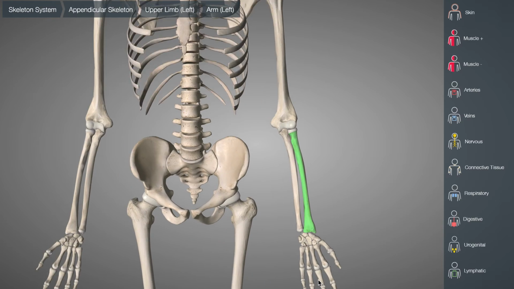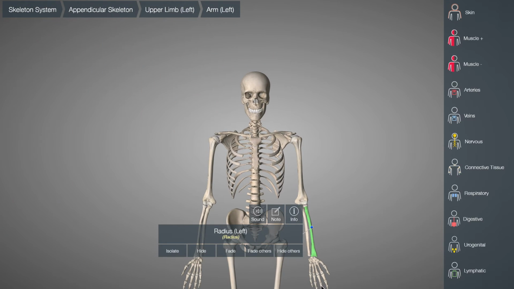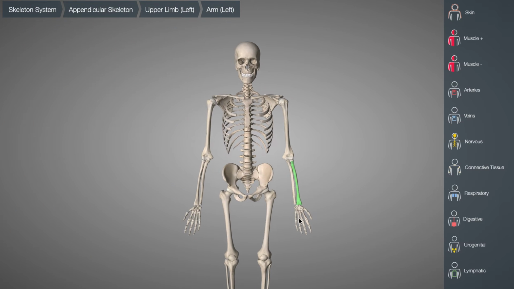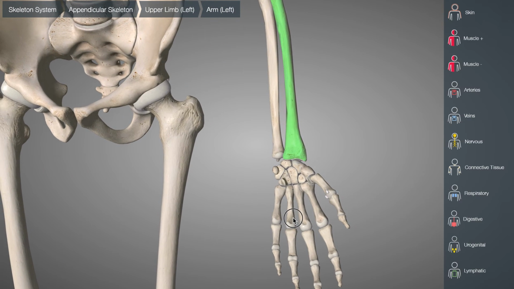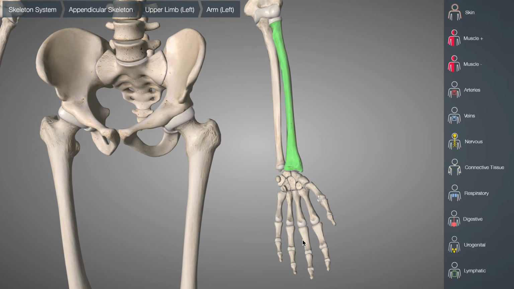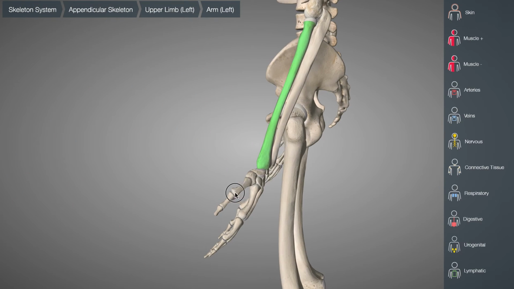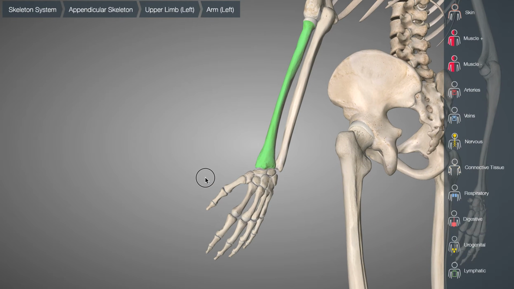Okay, so let's go ahead and move on to the hand. So the hand is really interesting along with the wrist.